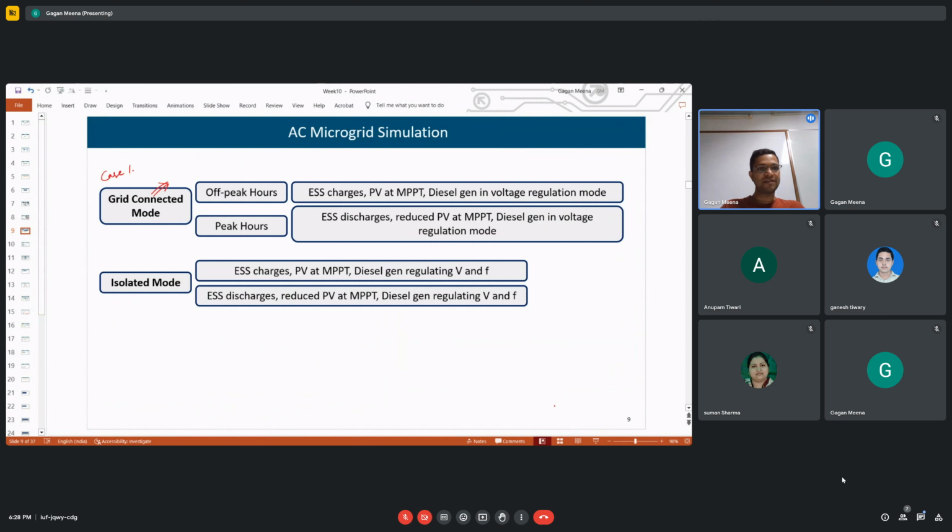Although PV is DC, we have diesel, which is generating AC current, so we need an AC to DC converter here. Then the battery is already DC, so it stays the same. And what about the battery and supercapacitor? What kind of converters do we need here, and why?